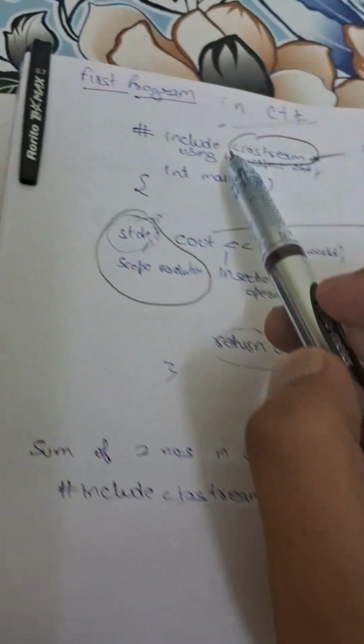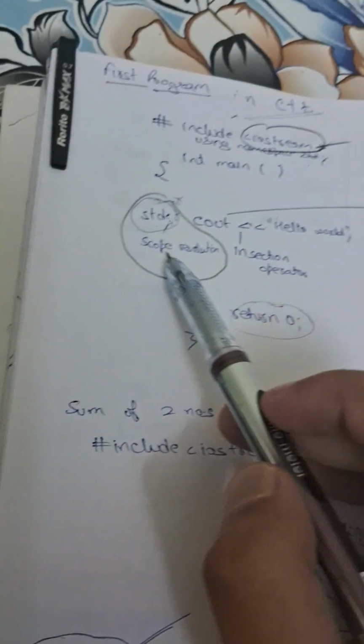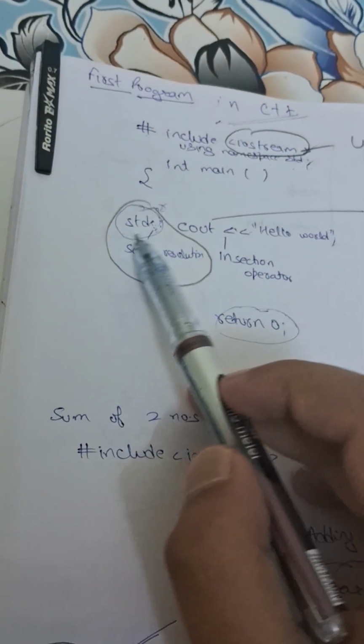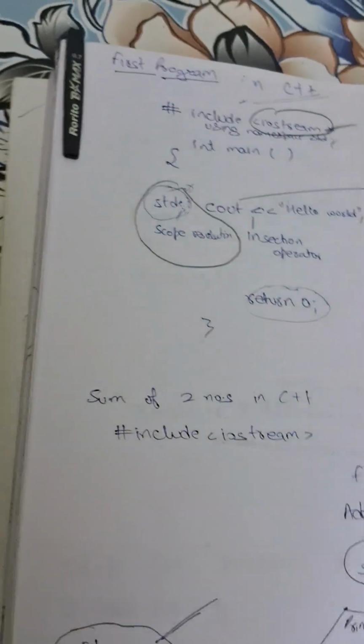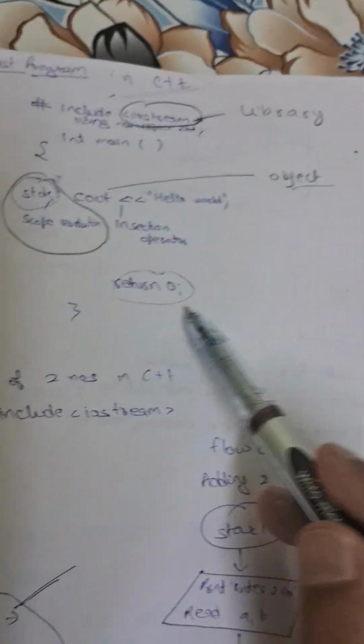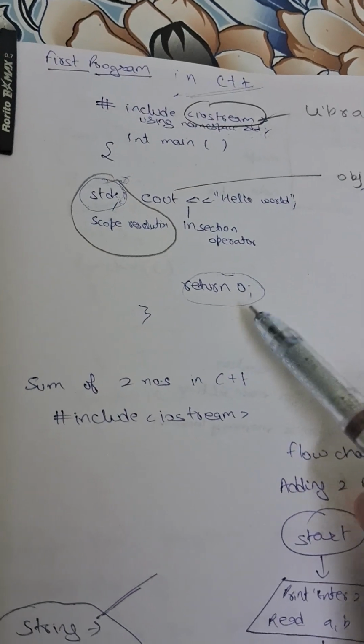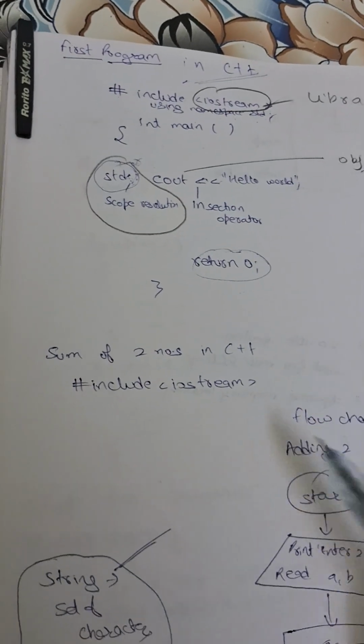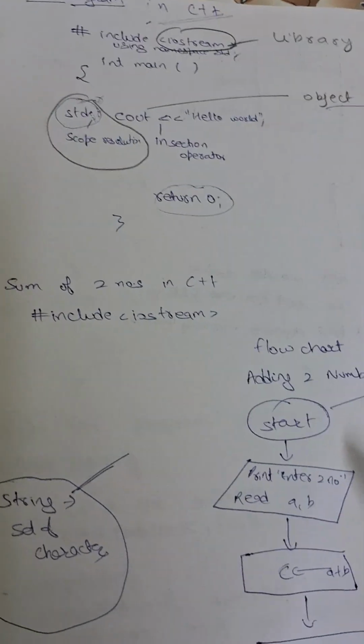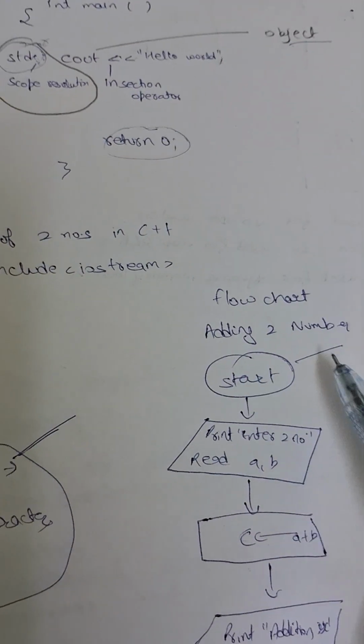If we do not use using namespace std, then we use std::, it's okay. cout is the object. Then at last we have to write return 0.